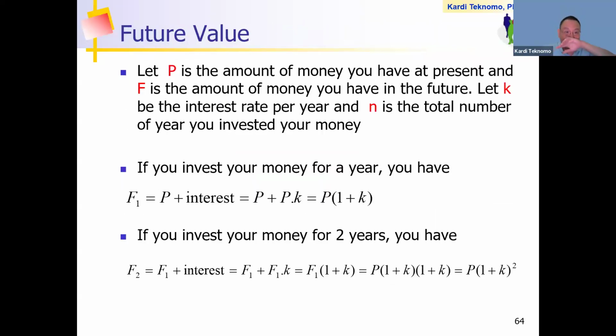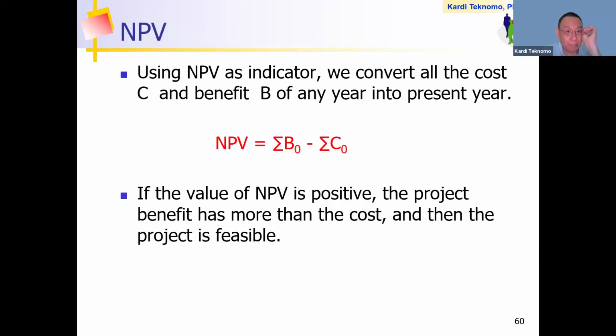Where is that? There, right? So this is the decision rule that Resi was mentioning a while ago. If the value of NPV is positive, that is feasible.